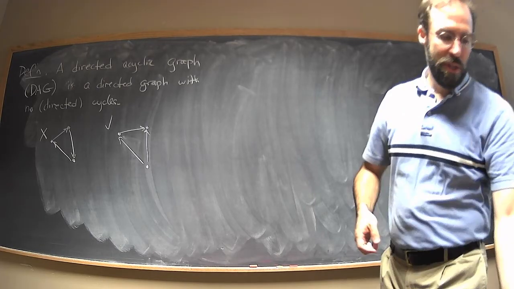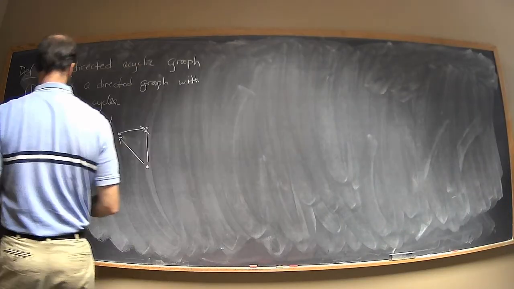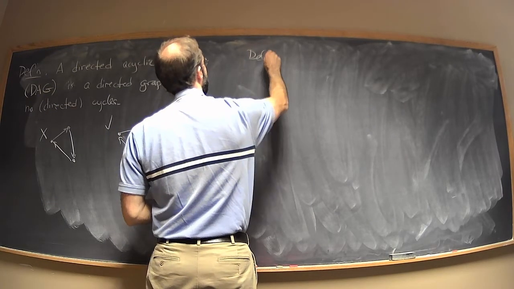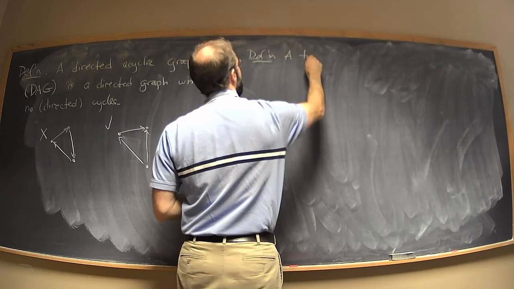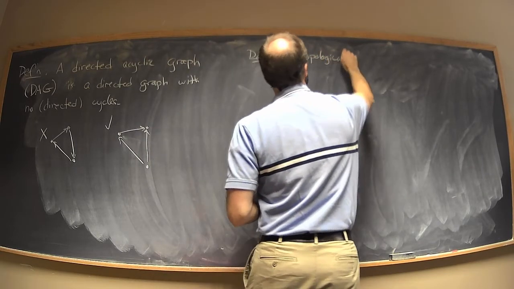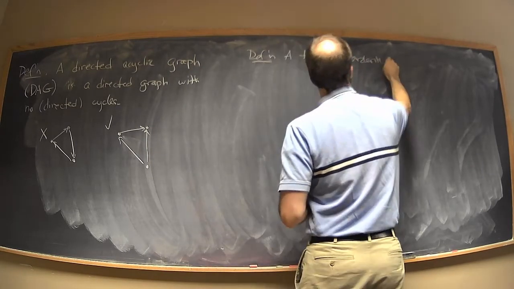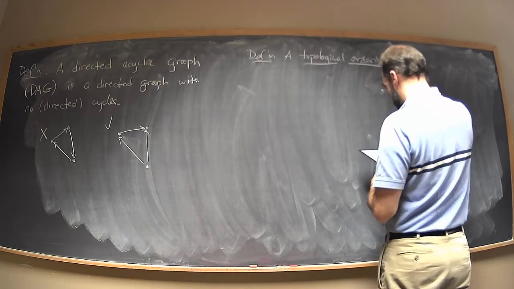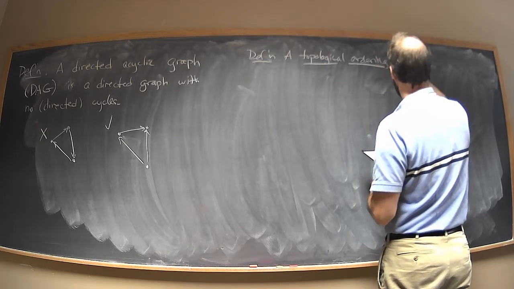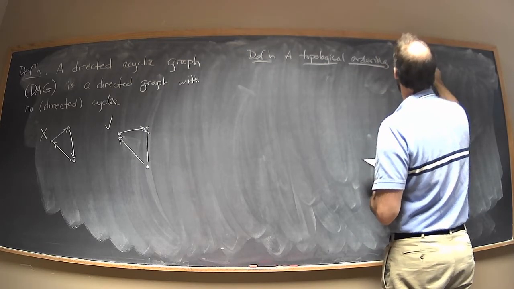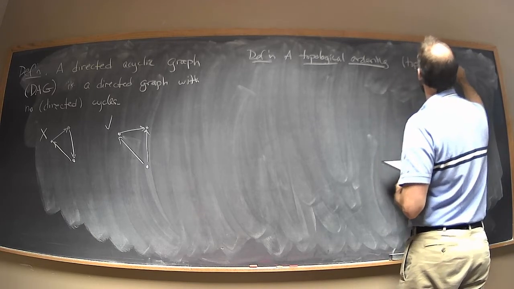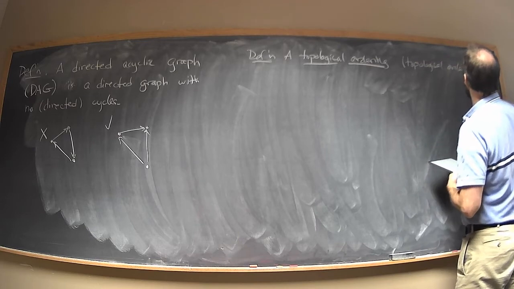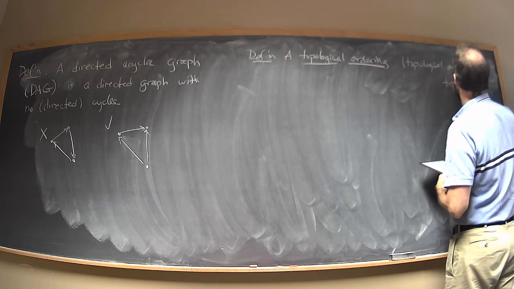So this is called a topological ordering. I will put it up here. A topological ordering, which we could also call a topological order, or a topological sort, or just a top sort.